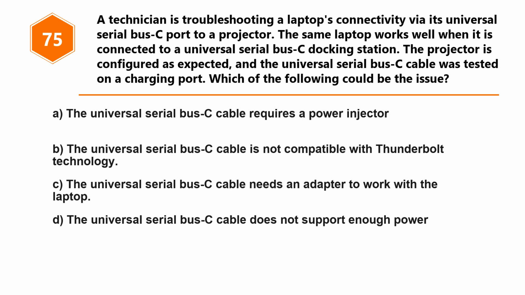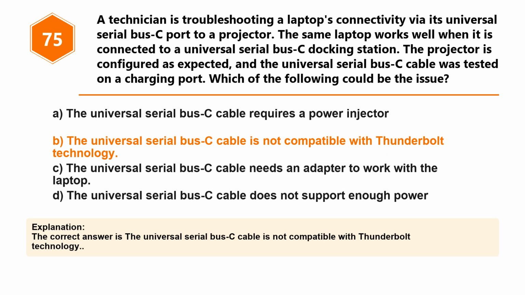Option B. The universal serial bus C cable is not compatible with Thunderbolt technology. Option C. The universal serial bus C cable needs an adapter to work with the laptop. Option D. The universal serial bus C cable does not support enough power. The correct answer is option B. The universal serial bus C cable is not compatible with Thunderbolt technology.